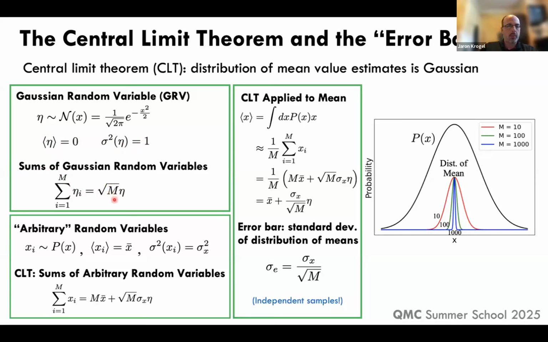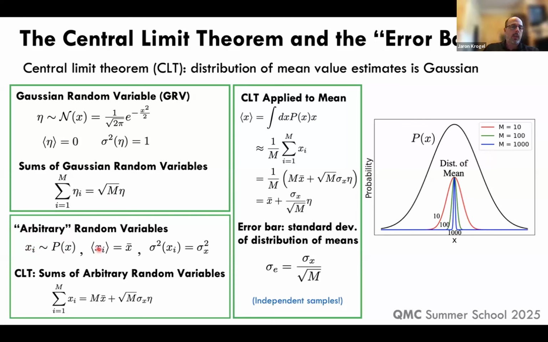Okay, but how about the central limit theorem? So imagine now that you have a collection of different random variates, perhaps that are sampled from a distribution P. And this distribution can be fairly arbitrary, but we have to have essentially a bounded second moment.